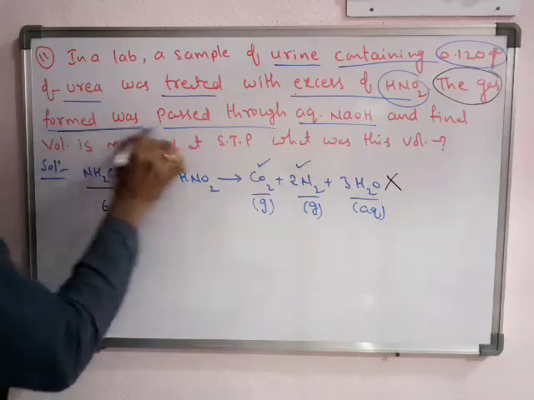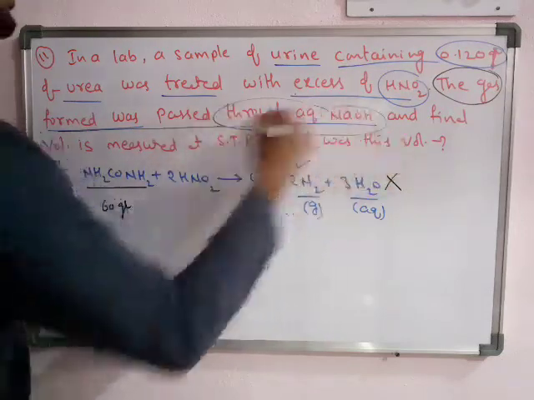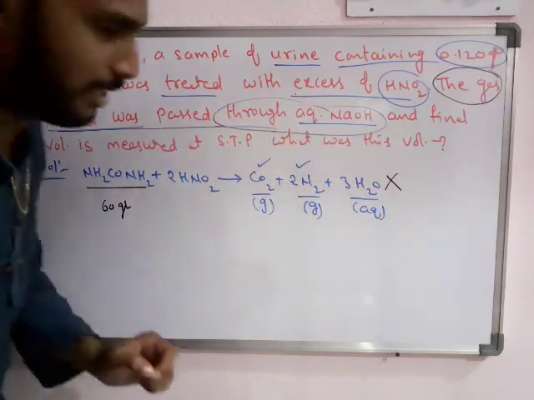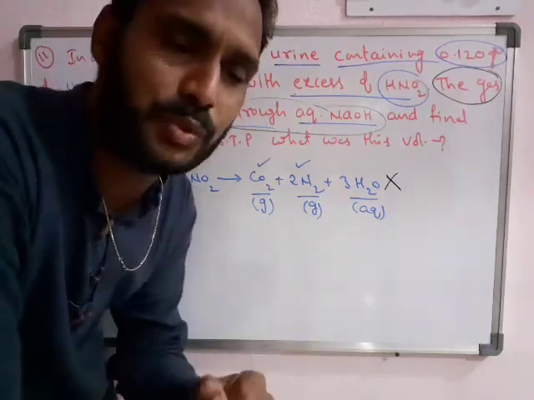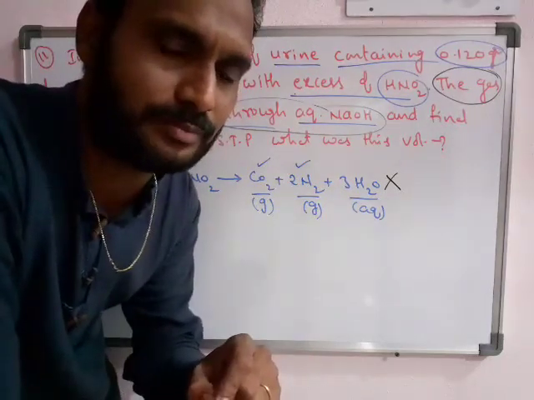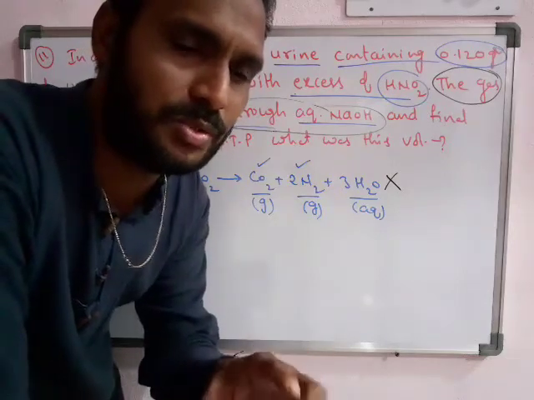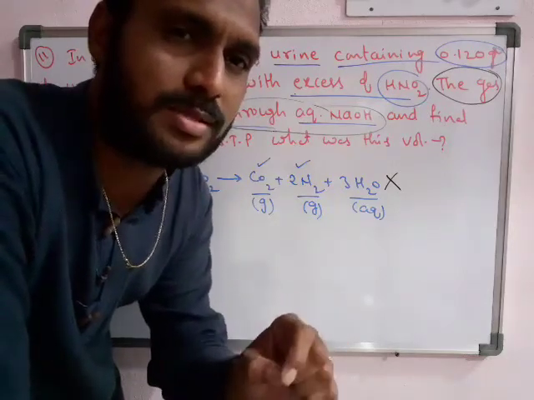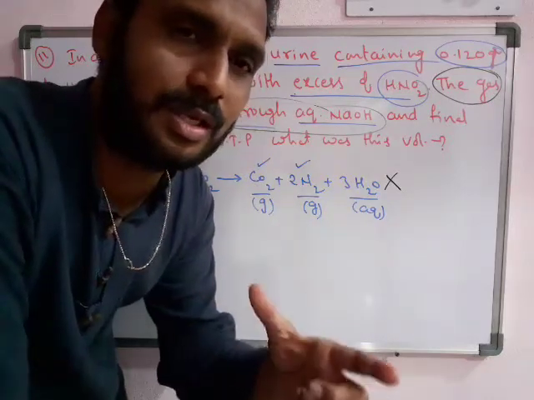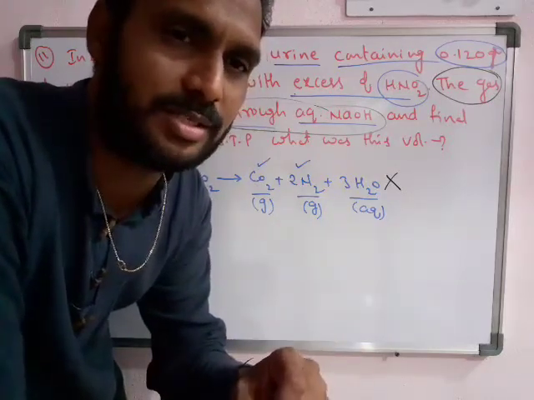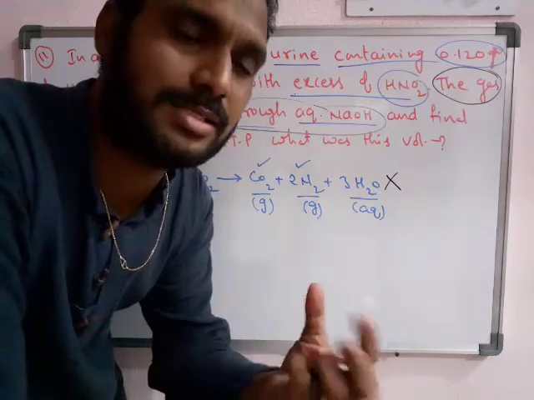The gas formed was passed through aqueous NaOH. And here, important, we have to find out the CO2 gas or N2 gas. We have to know that. It is conceptual. If you pass these two gases over aqueous NaOH, one gas is absorbed.